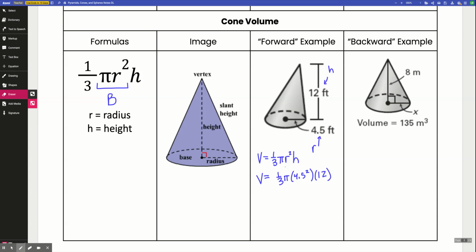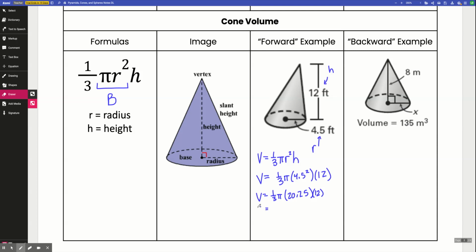So 4.5, I'm going to deal with the exponent first. So 4.5 squared is 20.25. Okay, so at this point, I could multiply all of these together and then divide by 3. I could do 12 divided by 3 and then multiply, right? It doesn't really matter as long as you include each component.